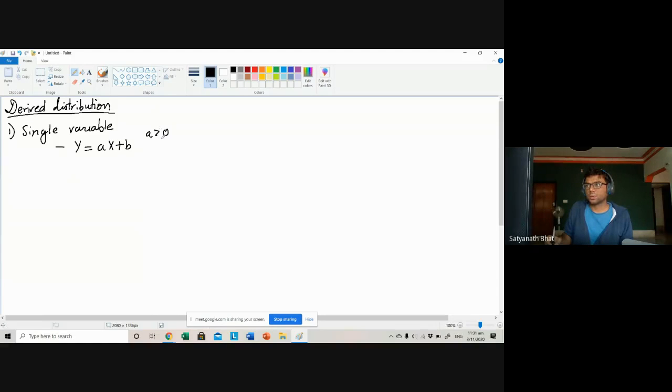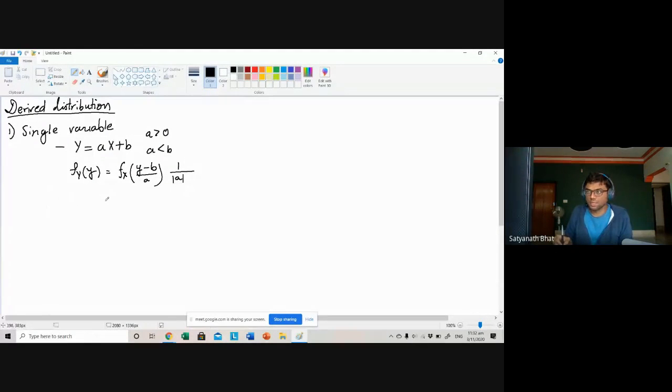We looked at a greater than 0 and a less than 0. Then we found that f_Y(y) is equal to f_X((y minus b) by a), with a factor of 1 over a in absolute value, the modulus of a.